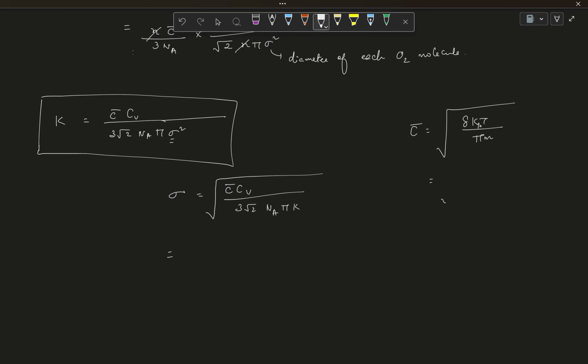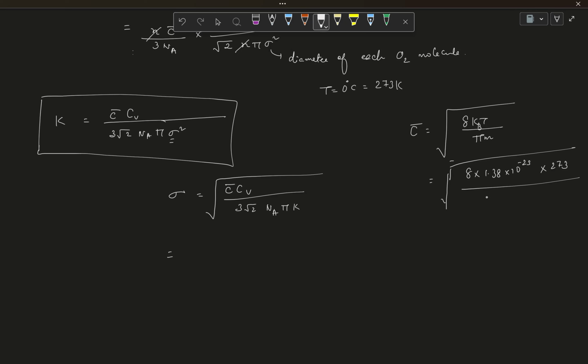Sorry, this should be KB because this is the Boltzmann constant. Now this is 8 into 1.38, all SI units, 10 to the power minus 23, into 0 degree centigrade, which means 273 Kelvin. So here it is mentioned in the question that T is equal to 0 degree centigrade, which is just 273 Kelvin.